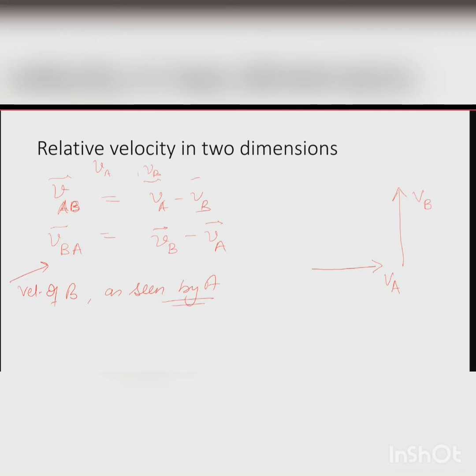If I just take their vector addition, is this closing side of the triangle going to give me the relative velocity of A with respect to B?